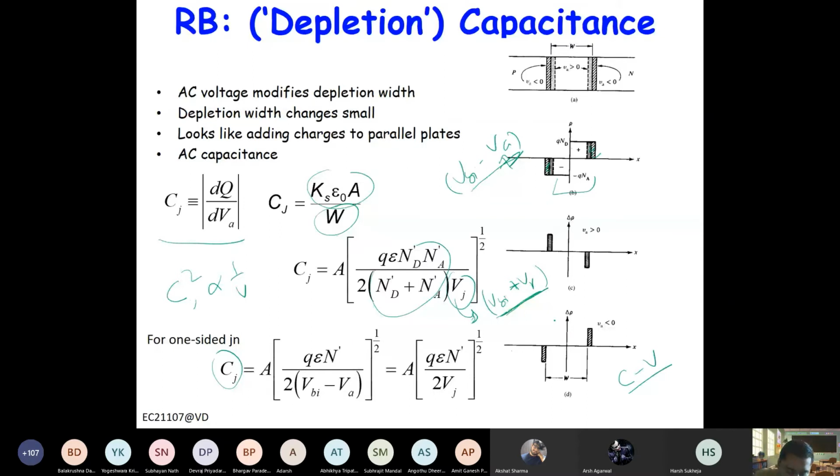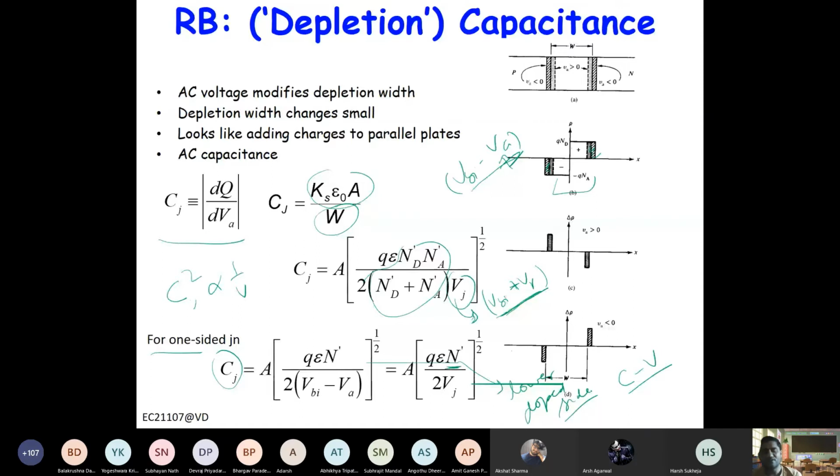For example, for a one-sided junction, let's say ND is much larger than NA. You can write ND by ND plus NA as ND over ND, because ND is much larger, so it becomes proportional to NA. So your capacitance will be proportional to the doping on the lower doped side.